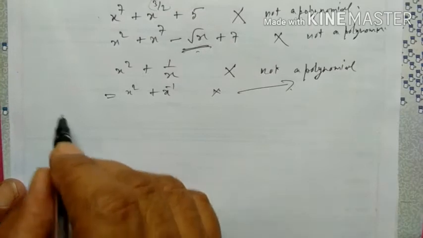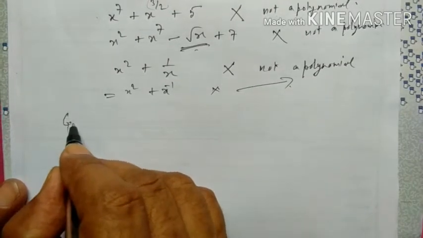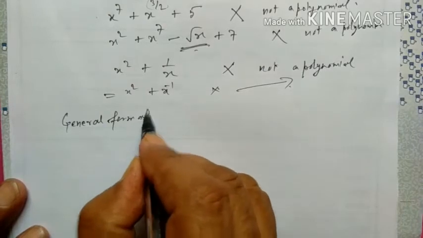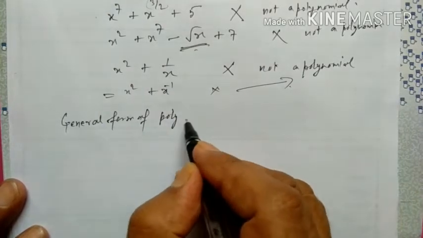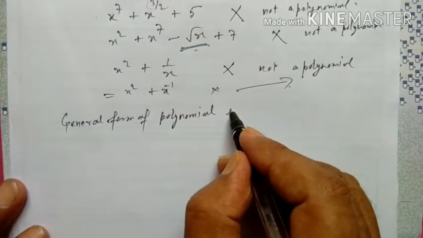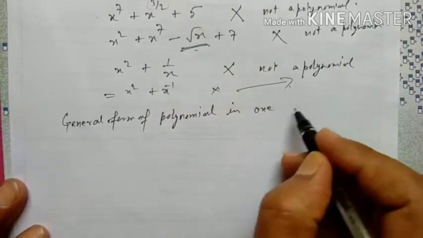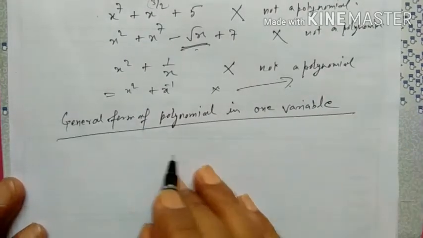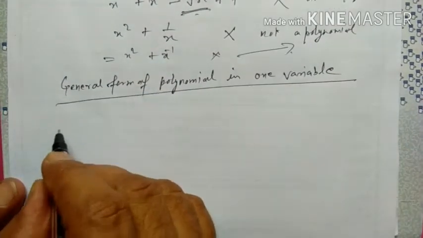Now, the general form of a polynomial in one variable. Now we will study the polynomial in one variable.